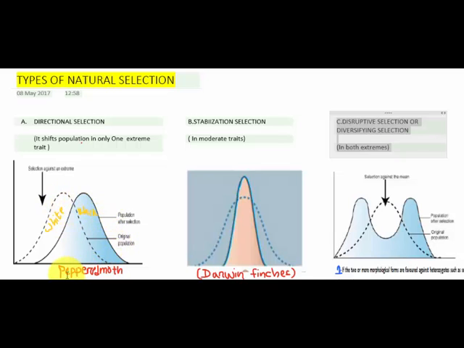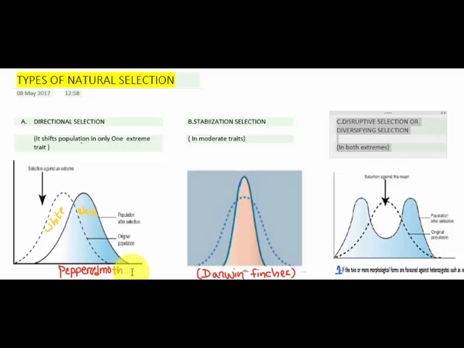The example is the pepper moth. We might have heard about the pepper moth and industrial evolution. In England, both white and black pepper moths were there. The white pepper moths, as they are white in color, often land on the lichens. Because of that, they are able to survive and reproduce as compared to the black ones.